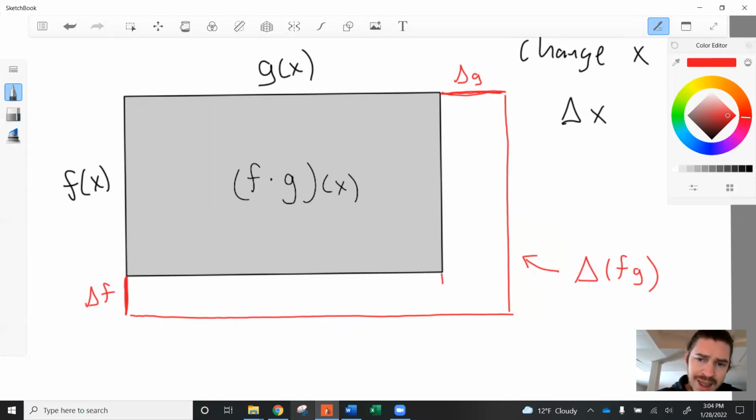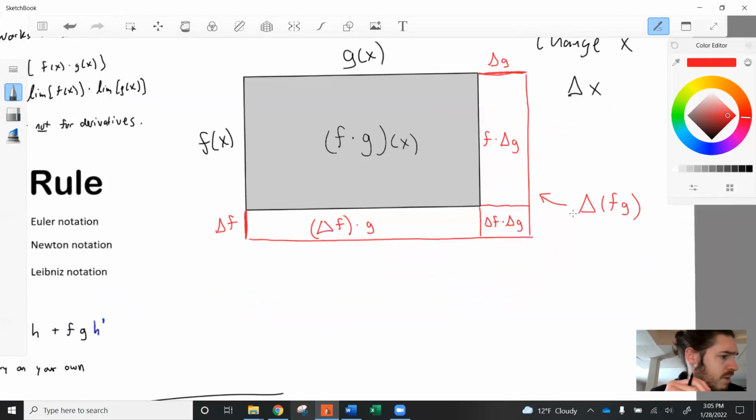And to see exactly how we can interpret that in terms of the f and the g individually, we can break it up like this. This is delta f times g, whereas this is f times delta g. And this is delta f times delta g, like that.